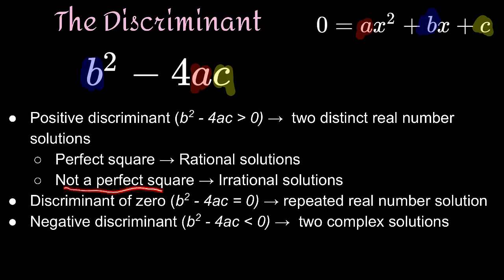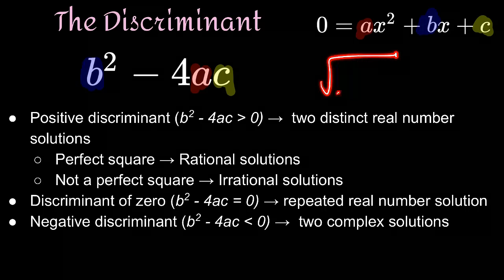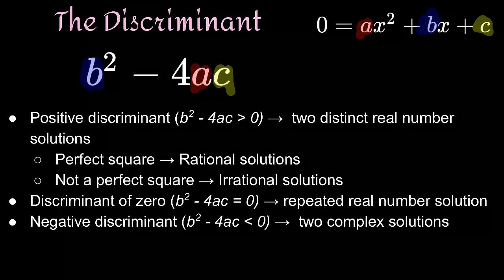If it's not a perfect square, then we will have irrational solutions. And remember, what that means is that the square root will have something under it that is not simplifiable to a whole number. And that's all right. It just means that the decimal will go on forever in our answer.